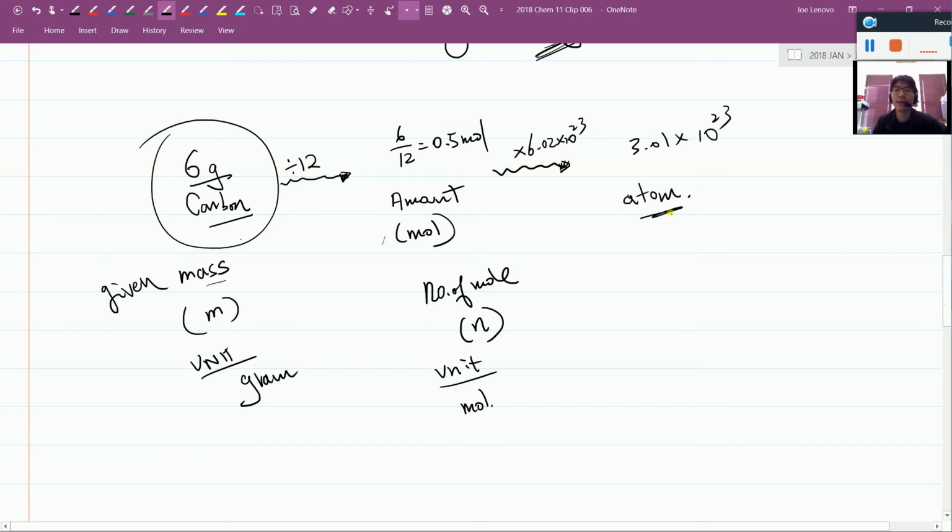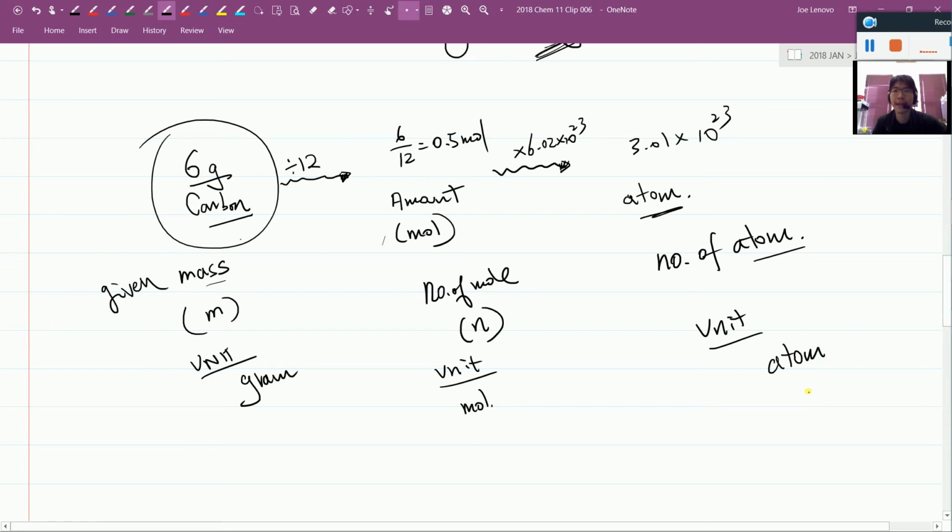And what would be the number of atoms? There's no symbol for number of atoms, so generally we just directly say the number of atoms. The unit for that, like how many apples are in there, would be atoms.